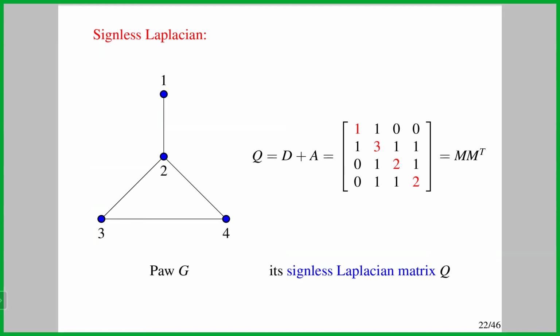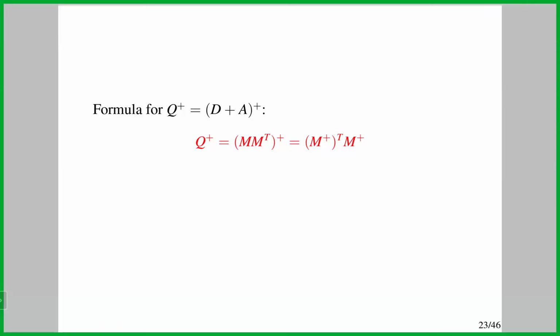An interesting property of the signless Laplacian is you can get it from the incidence matrix M. If you multiply M times M transpose, you get the signless Laplacian. So there is a connection with the incidence matrix. Now, if you have the signless Laplacian, I can ask the same old question: how do you find the Moore-Penrose inverse of Q, the signless Laplacian?